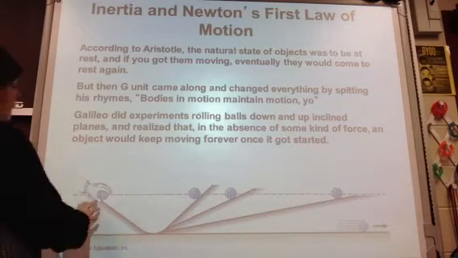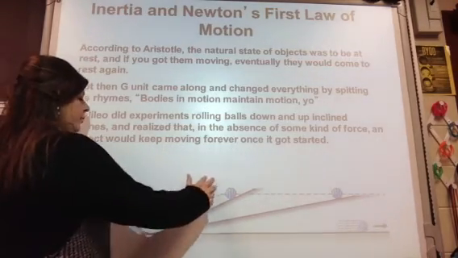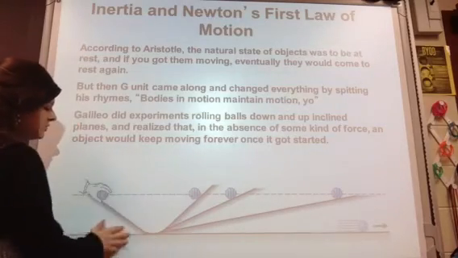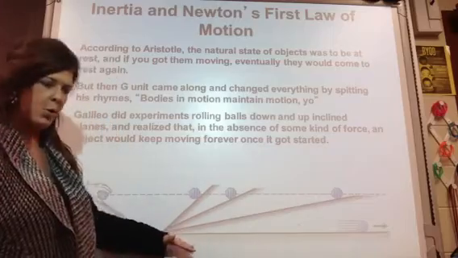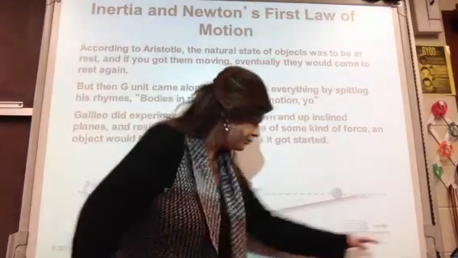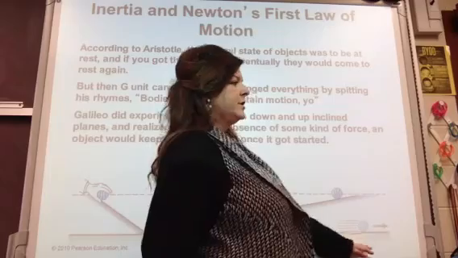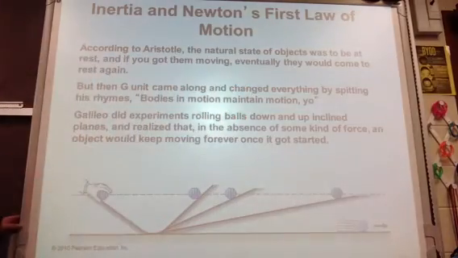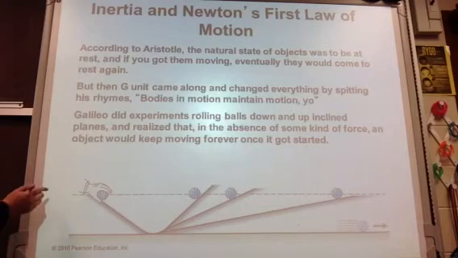So Galileo at first had the inclined plane where he would roll the ball up, it would come back down, and would continue to do that until maybe it came to rest. But he started to lower that inclined plane more and more, and he found that once the ball would roll down the inclined plane and continue to move on this horizontal path, that ball wouldn't stop until it would hit something else. So Galileo believed that it would continue to move forever and ever and ever until something got in its path or in its way.